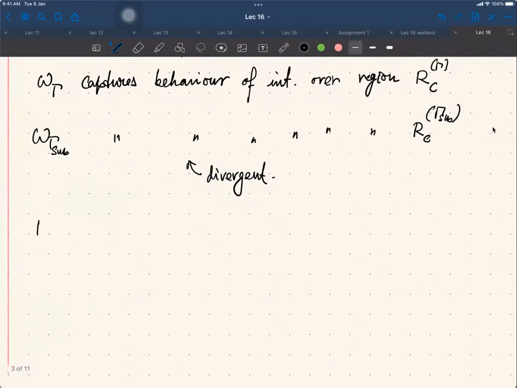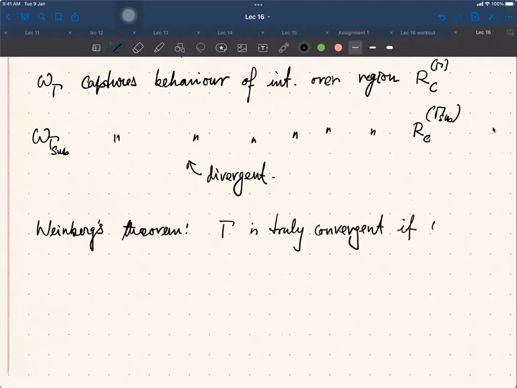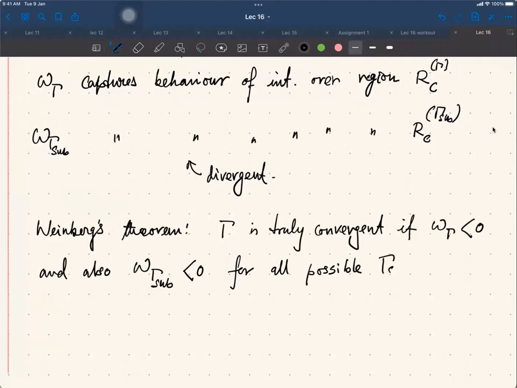So Weinberg's theorem says the entire graph gamma is truly convergent if omega gamma is negative, and also omega gamma sub is negative for all possible gamma sub.